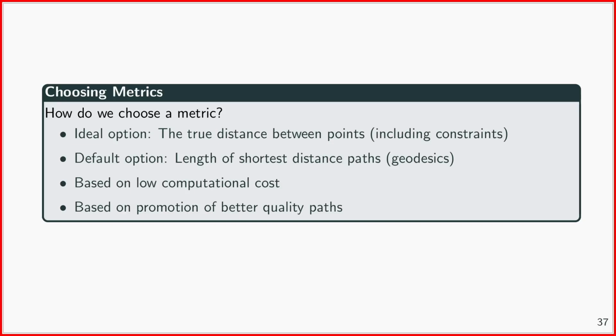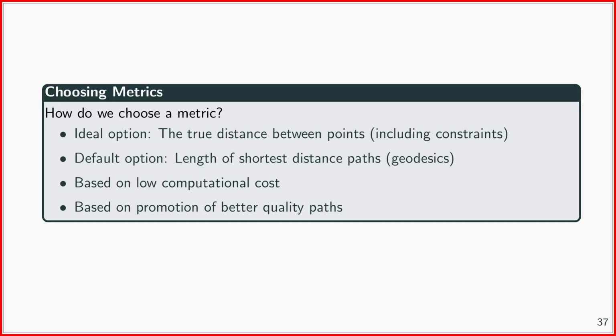So then the question is, of course, how do we choose a metric? And I would say the ideal option to choose a metric is really the true distance between points, including constraints. But of course, this is very difficult to obtain, and usually this is basically equivalent to just solving your whole problem and generating the best motions. So that is why the default option is usually to have the length of the shortest distance path, basically the geodesics in space.